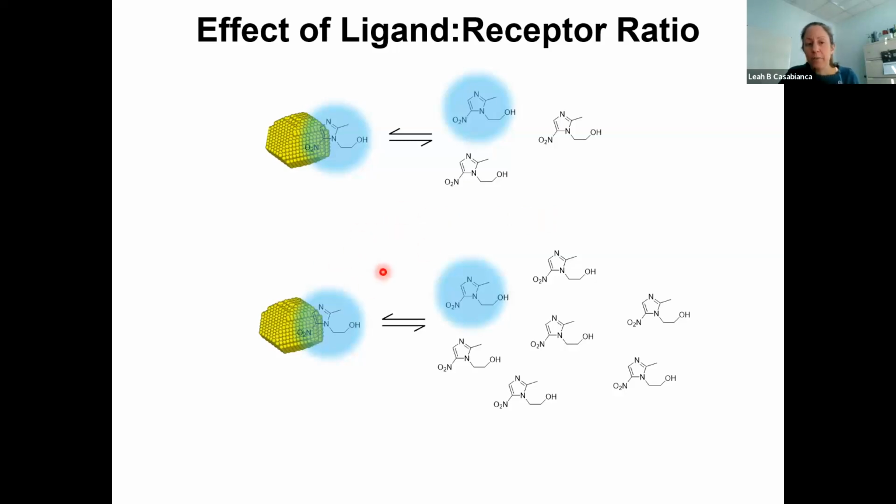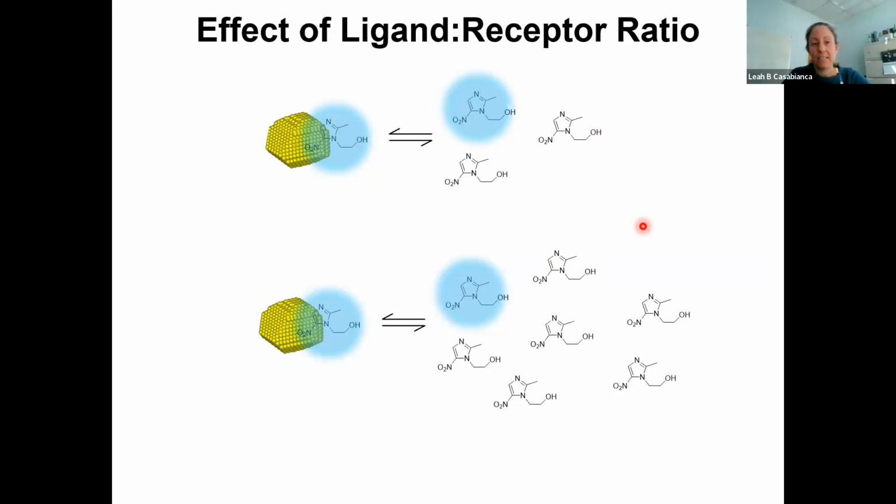However, you only have a certain number of free ligands that are able to be saturated and then dissociate from the receptor at a given time. And because the STD effect is the difference intensity divided by the reference intensity, this STD effect will be smaller as you have more bulk ligands that have not been saturated. So if you increase the ligand receptor ratio, this will decrease the STD effect.